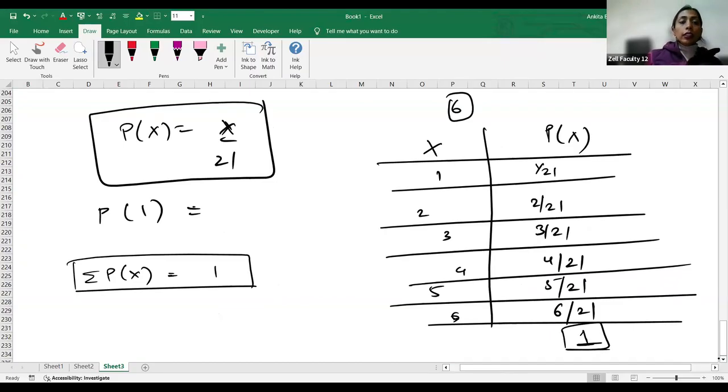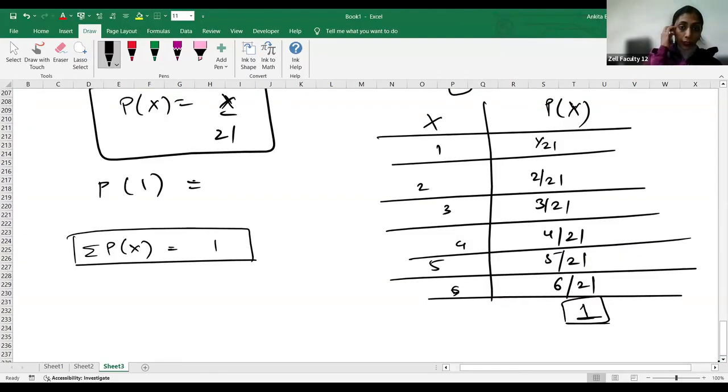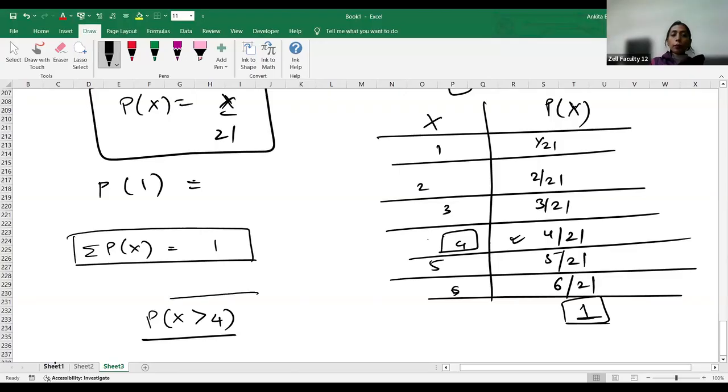Now we are asking: what is the probability of x greater than 4? You know the probability of 4 here is 4 by 21. What is the probability of x greater than 4?